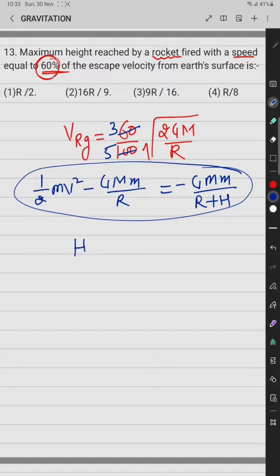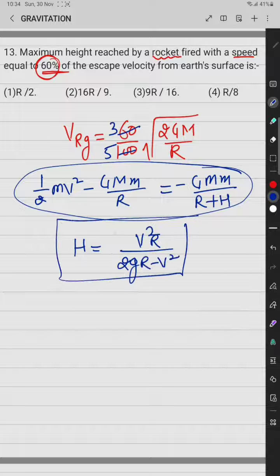If we solve this, the height attained is v squared by twice g, that is the result for the height attained by any particle projected with velocity less than escape velocity, but when it is very high, the height is not negligible in comparison to the radius of the Earth.